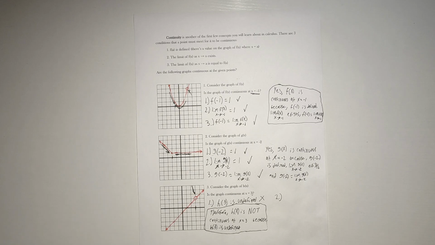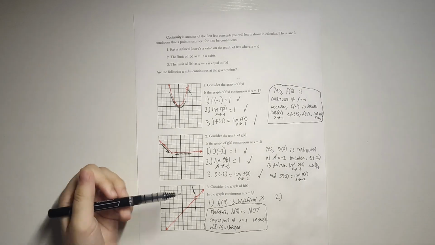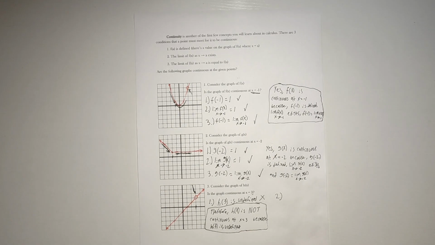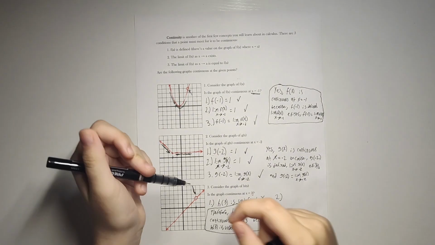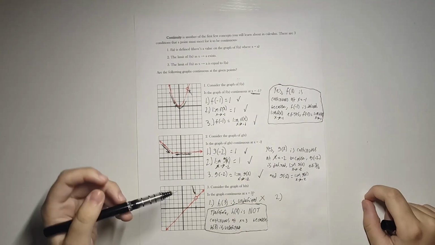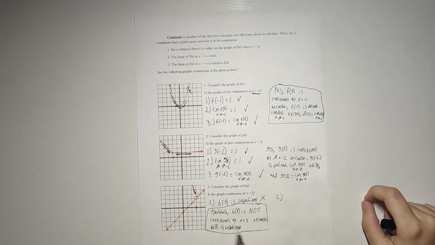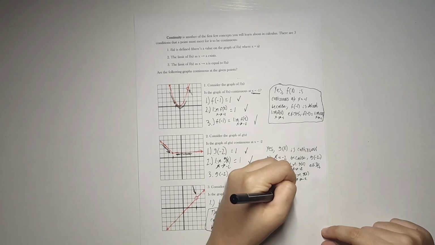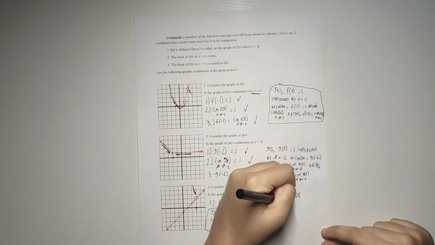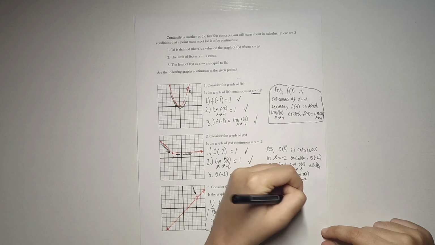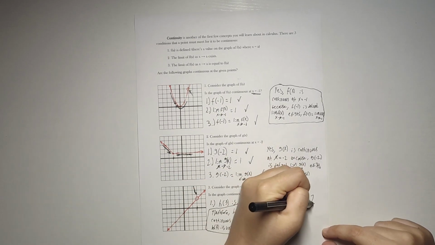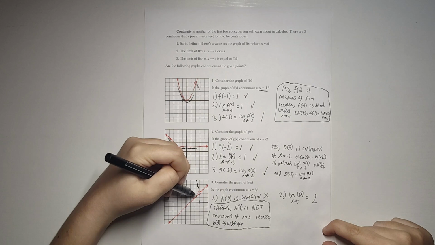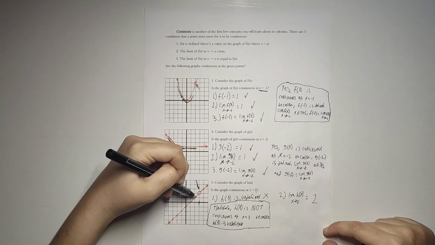Sorry, one last thing that I realized that I did not address here is the difference between the limit of a function at a value and the actual point at that value. So we got here that h of 3 is undefined, but the limit of h of x as x approaches 3 actually would just be equal to 2, even though there's a hole here, it never actually gets to 2.